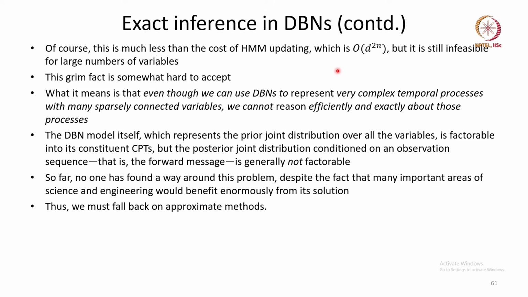So obviously it is much better than using the HMM, but still, even though we can use DBNs to represent very complex processes, we can't reason efficiently and exactly about those processes. So again, it's quite big. Okay, so that's the thing. So what is generally done is that some type of approximate methods will be used instead.